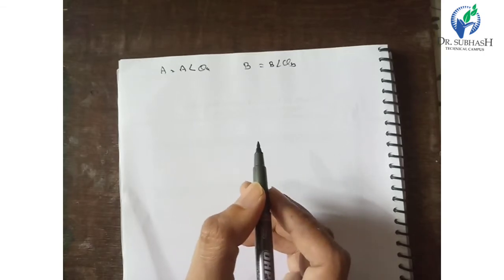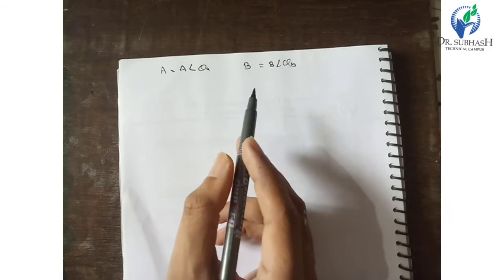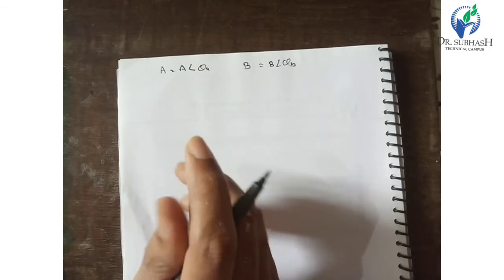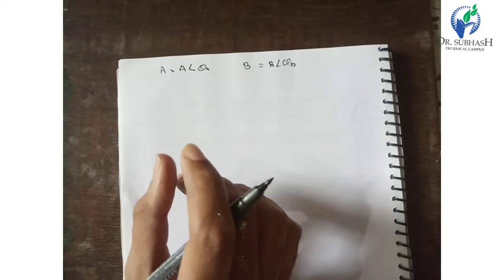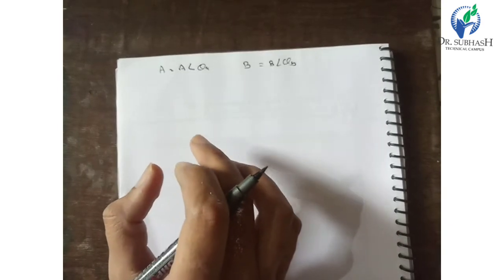To find the product of the magnitudes of A and B, the resultant is C. The two magnitudes of the phasors are to be multiplied, whereas the phase angles are added.